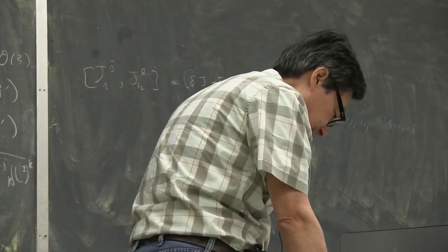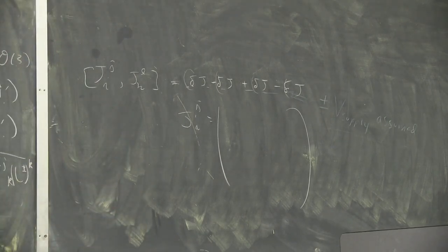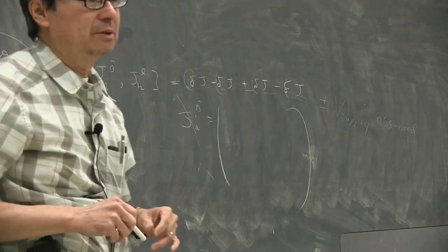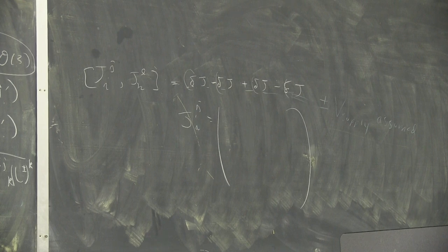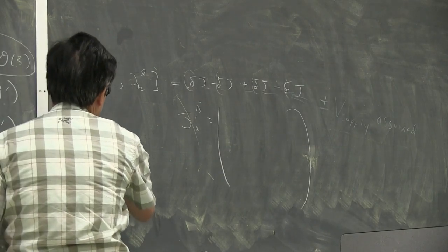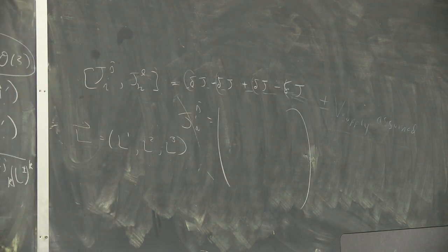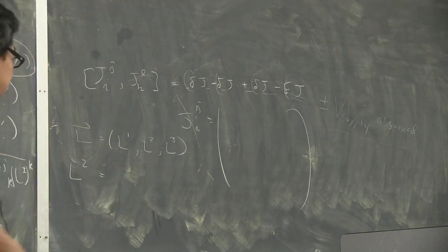Okay, now let's come to the important development. This is a crucial step, being able to break up the Lie algebra in this fashion. Now, do you recall that in the study of the quantum mechanics of angular momentum operators, you think of L as having 3 components, Lx, Ly, Lz, or I call them L1, L2, L3 in this case, out of which you can form this thing called L squared?